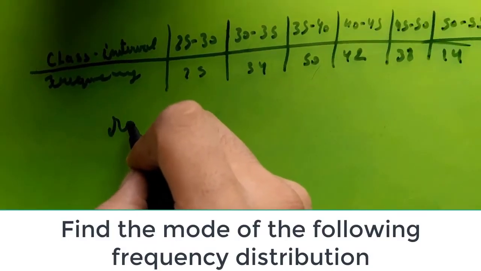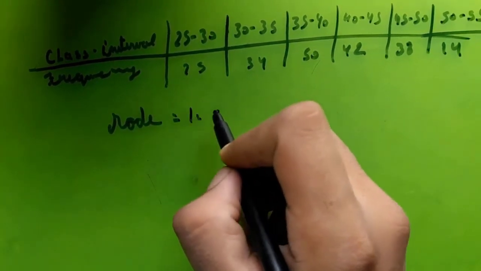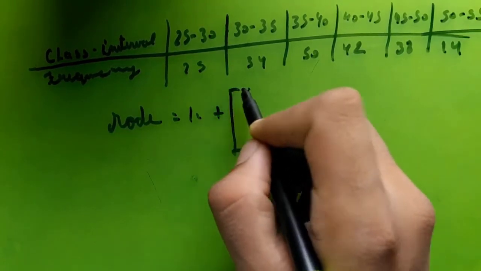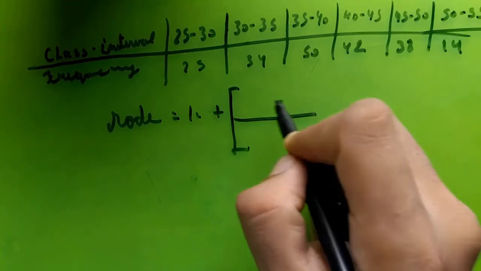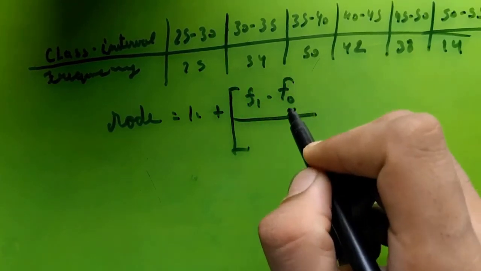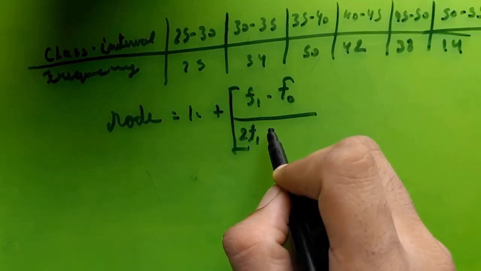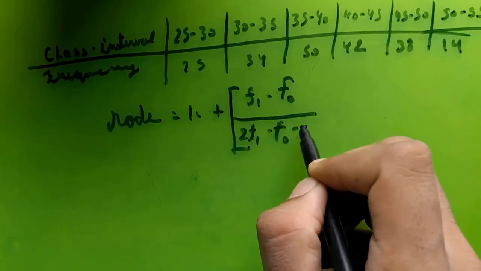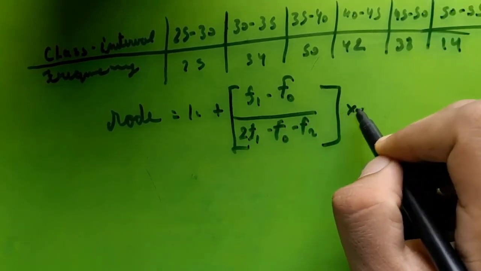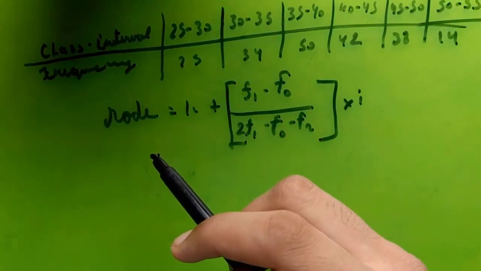Mode is equal to L1 plus f1 minus f0 whole upon 2 into f1 minus f0 minus f2 into h, where L1 is the lower limit of the modal class.